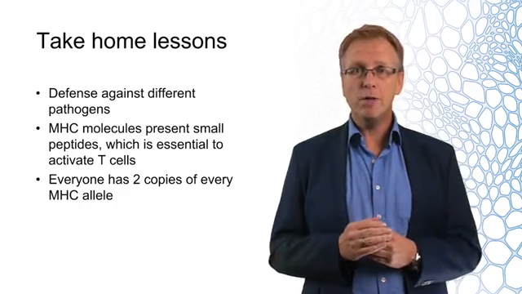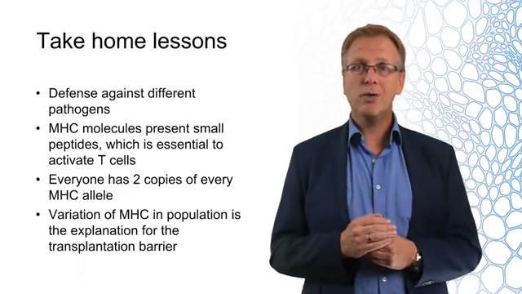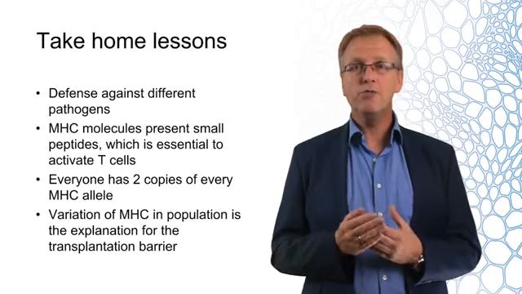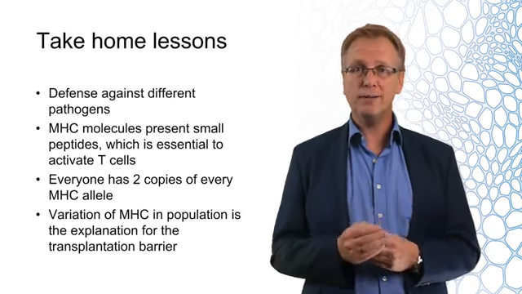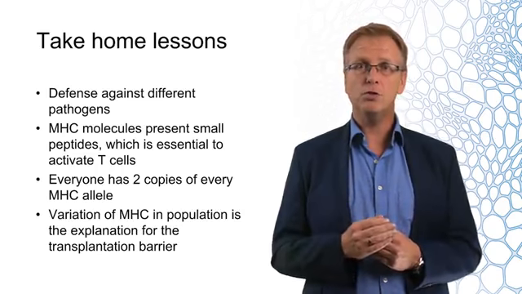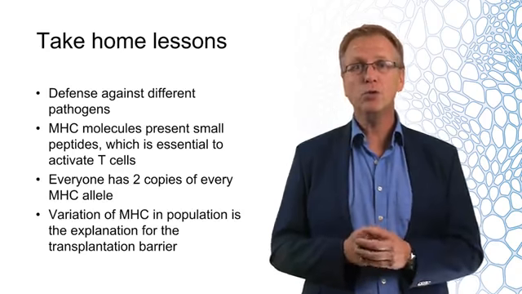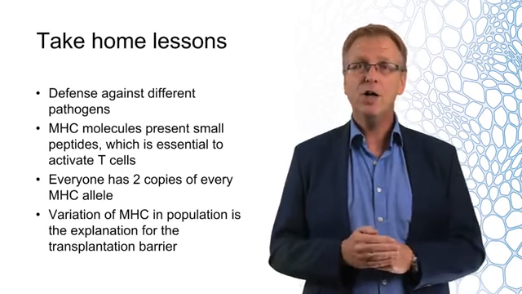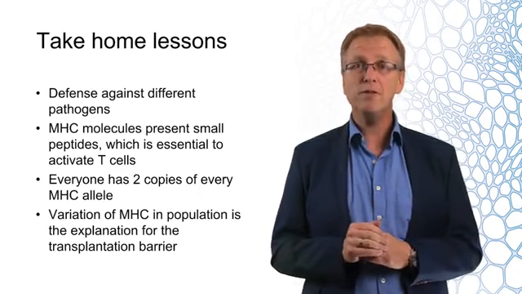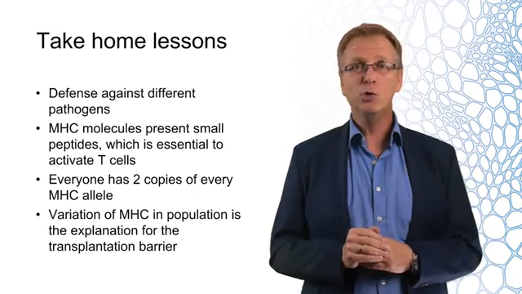This variation in MHC is the explanation for the transplantation barrier. It prevents organ transplantation between genetically non-identical individuals, unless the immune system is suppressed, which will be presented in Module 3. In the next lecture, we will focus on one part of the adaptive immune system, namely the humoral immune response.